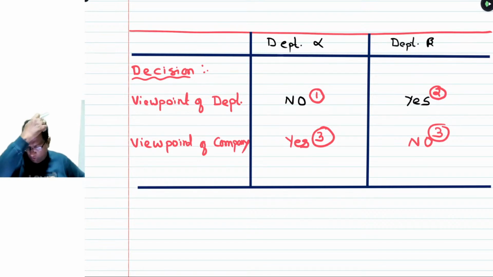Okay, so whatever decision is being taken by the department is not promoting the concept of goal congruence if the performance measurement model is ROI.